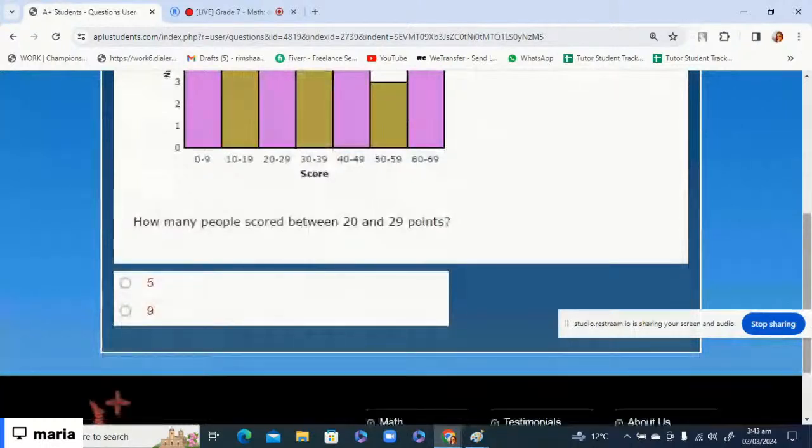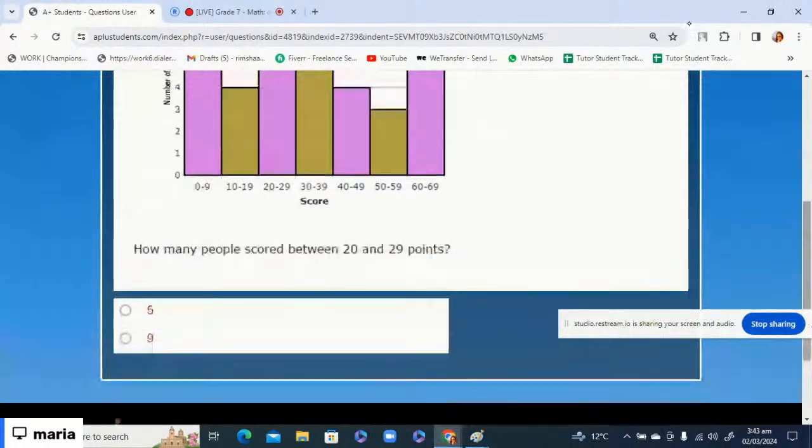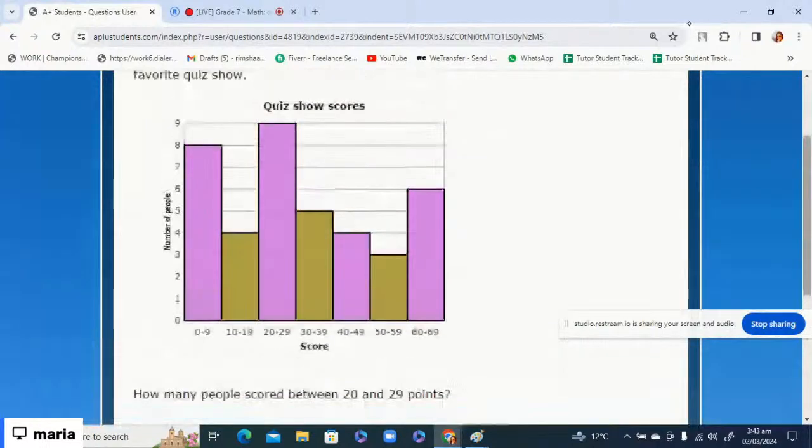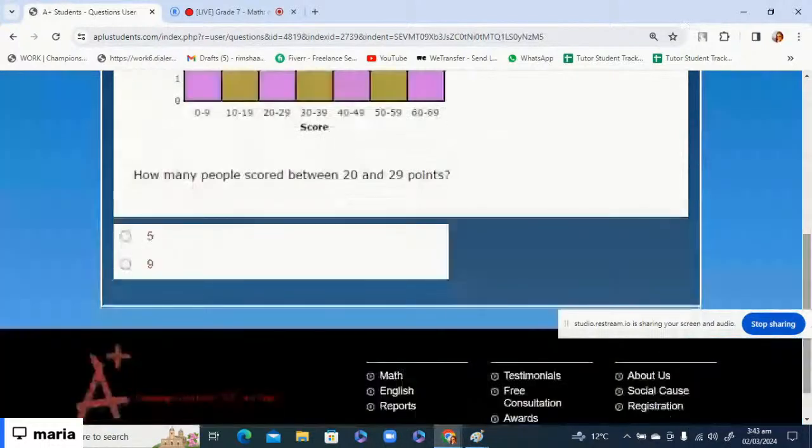How many people scored between 20 and 29 points? Let's check 20 to 29 points. The number of people is 9.